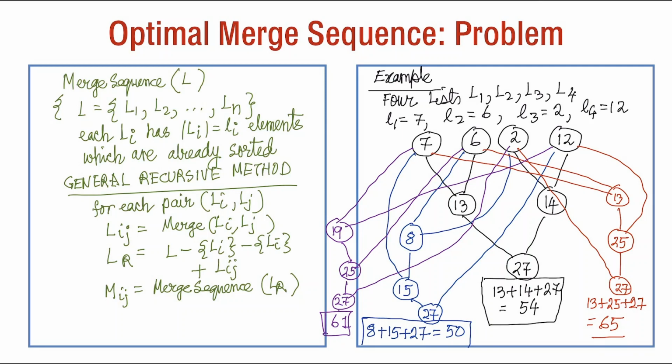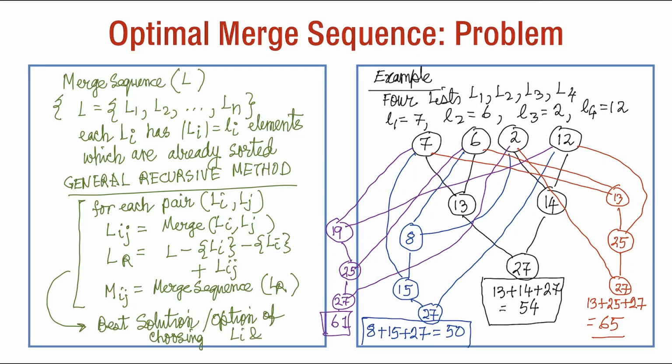That means we have merged Li, Lj, and in our recomposition, we want to find out the best solution or option of choosing Li and Lj.